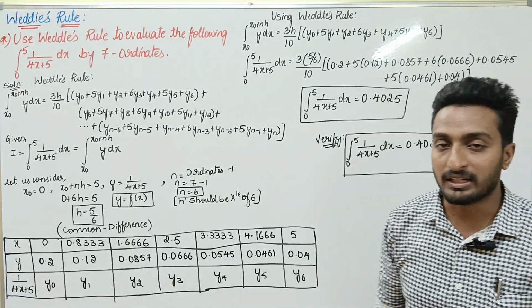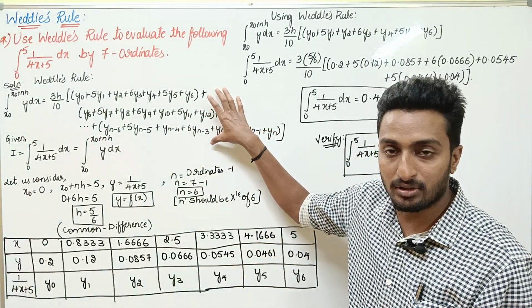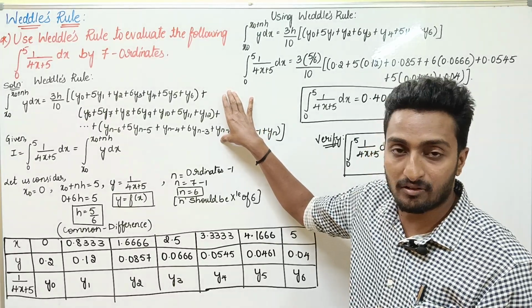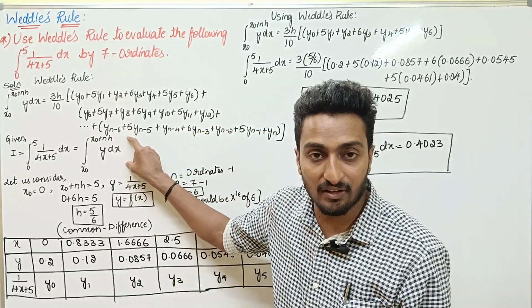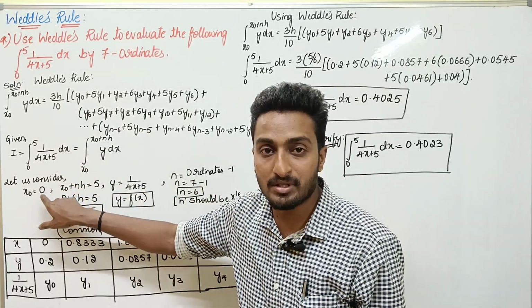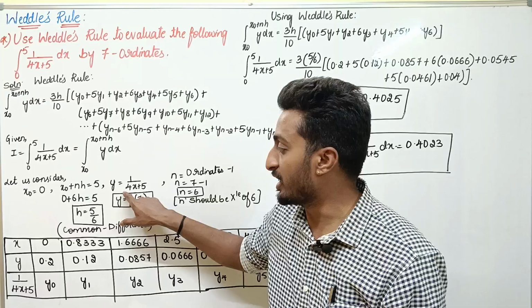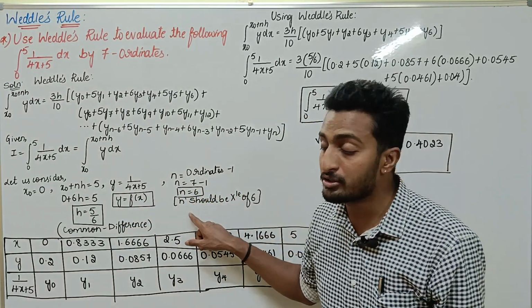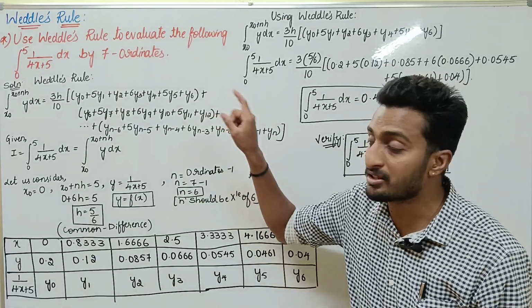First, let us go with the starting. First, represent Weddle's rule. This is the standard formula of Weddle's rule. After representation of Weddle's rule, represent the integral function. Then represent the terms: lower limit, upper limit, function value and the ordinates. Always remember that n should be a multiple of 6 in Weddle's rule.